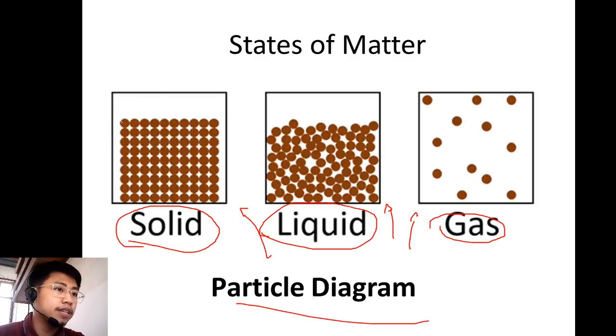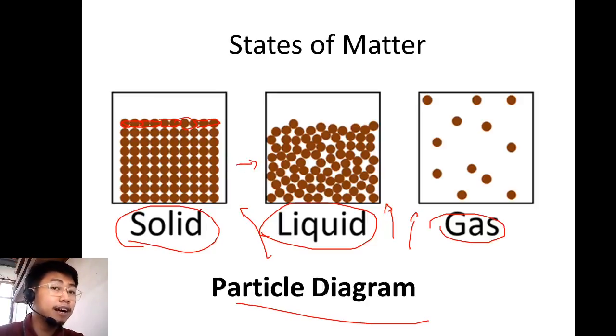Solid, as you can see, has particles that are really close to each other. Sometimes they are called compact, and they have a fixed shape and sometimes a fixed volume.